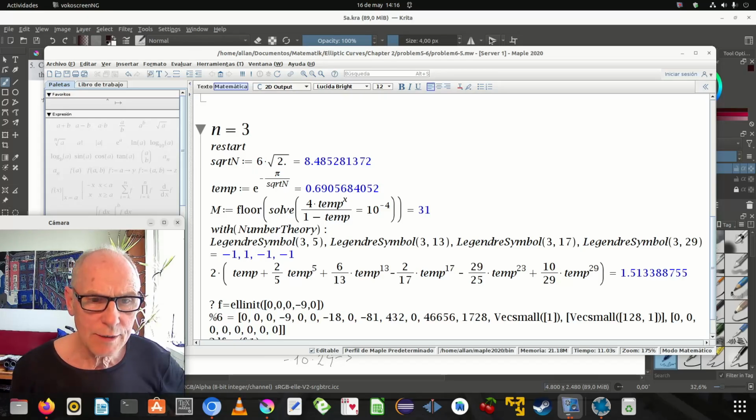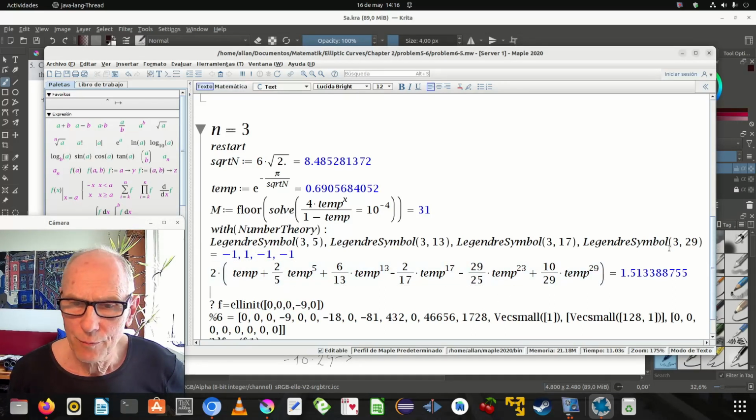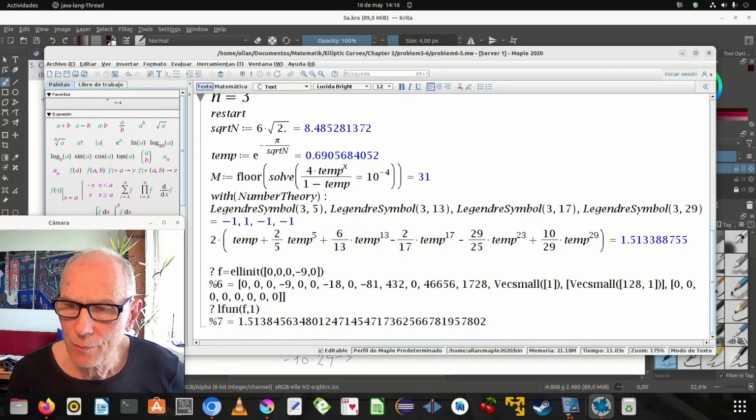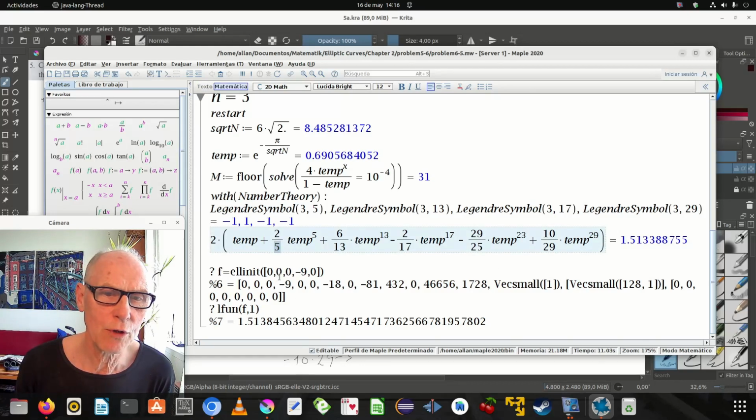All right, guys. I collected the terms, and the only new one was the prime 29. And it agrees. It didn't at first because I wrote 2/5 here. And I've computed the Legendre symbols by themselves.